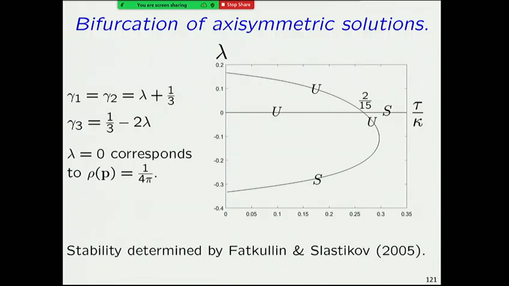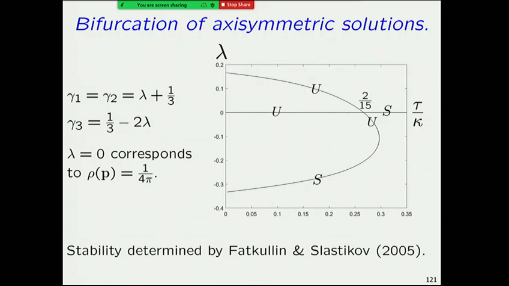Now, this is the picture that was proved by Fatkulin, which was given by Fatkulin and Slastikov and Zhang and Lin, I think. This is a bifurcation picture for solutions according to the Maier-Saupe theory.